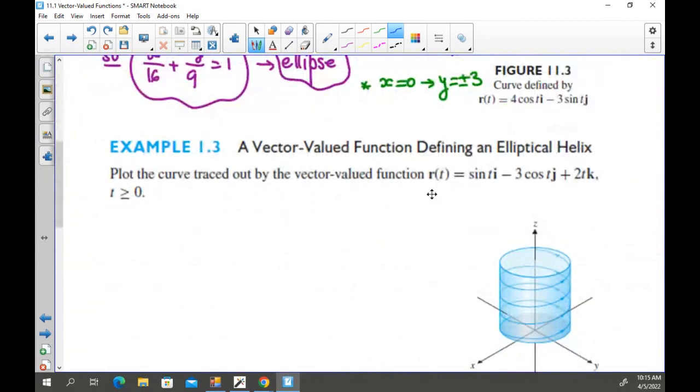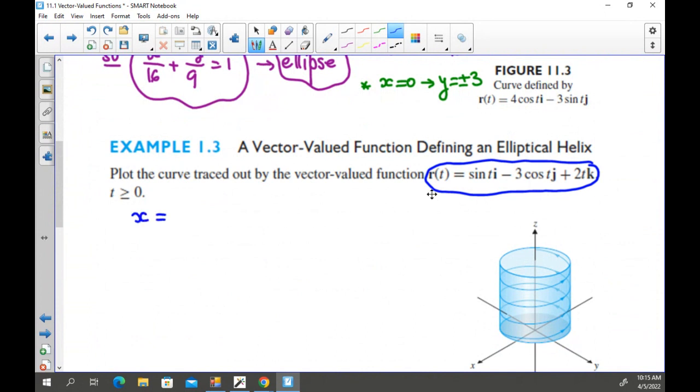Okay, here it's in 3 dimensions this time. Plot the curve traced out by this vector valued function. The way we do that is to think that this time we have x, y, z.